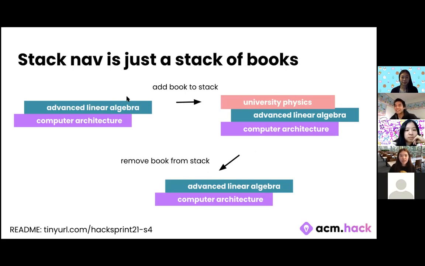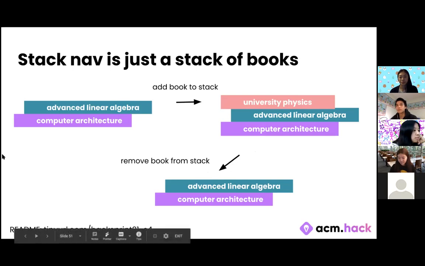And so we can make an analogy such that adding a book to the stack is the same thing as clicking on a button and that bringing you to another screen on top of your previous screen. And then we can also click go back, like on Tinder, for example, I was able to remove that chat with that specific person and go back to the main chat page. So that's the same thing that happens here.